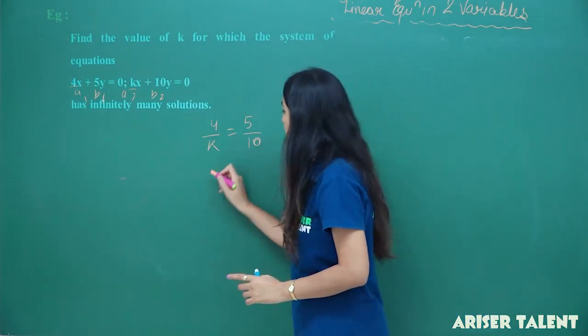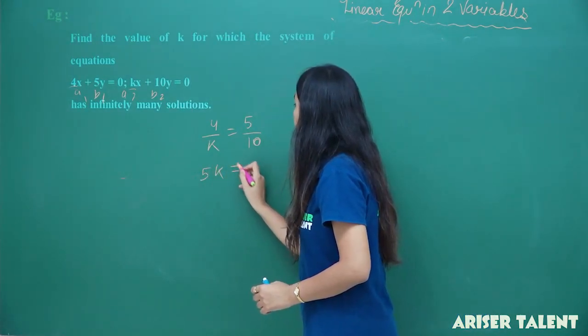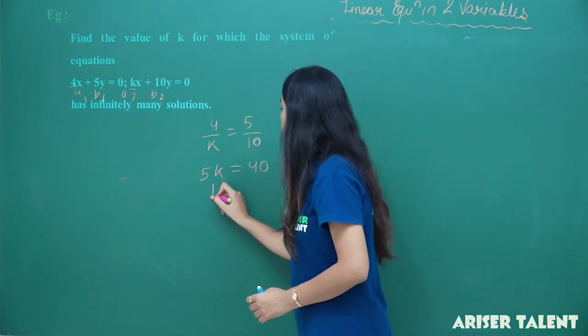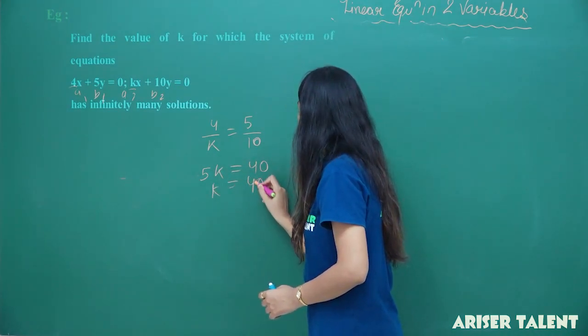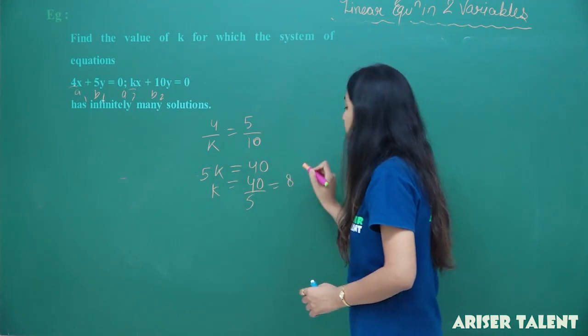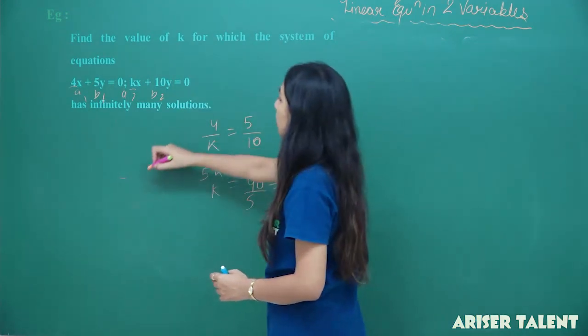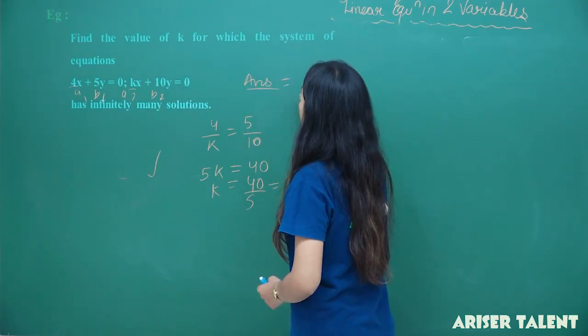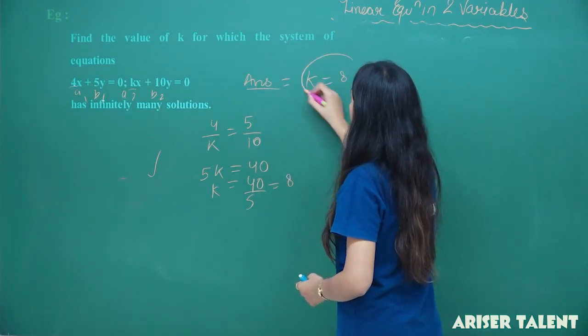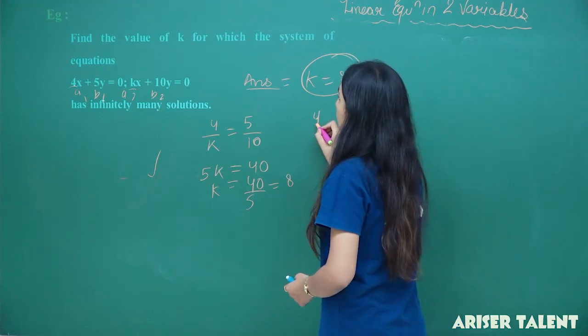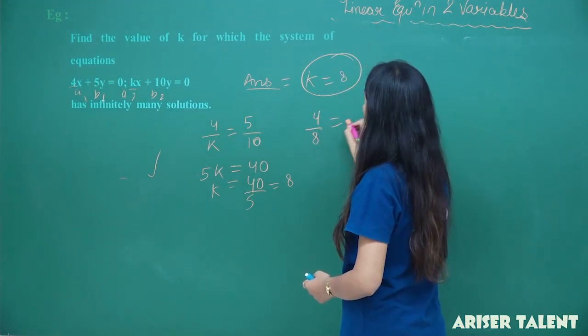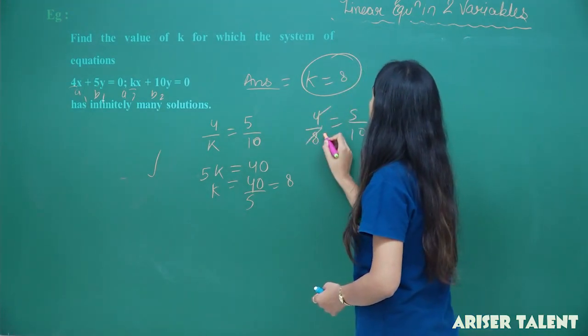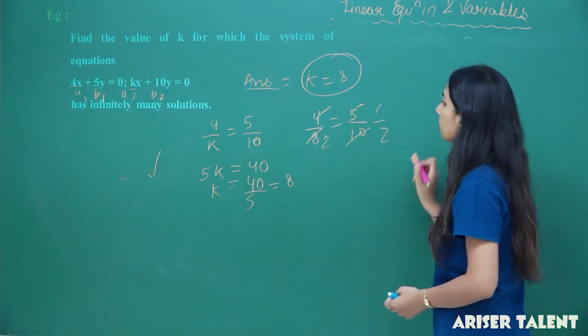Now solve this. 5K should be equal to 40. So K should be equal to 8. So you can just tick on 8 if the options are given. That answer is K equals 8 here. You can check also, 4 by 8 should be equal to 5 by 10. Now this is 1 by 2 and this is 1 by 2.